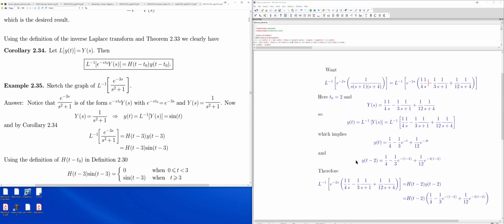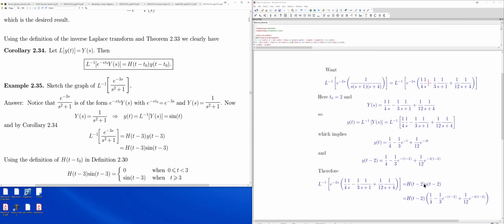Now when you're using t-shift, and you have e to the minus s t0 times Y of s, what you're going to have is the Heaviside H of t minus t0 times the y of t minus t0. So this is using your t-shift formula. The t0 in this case is 2, so I have H of t minus 2 times small y of t minus 2.